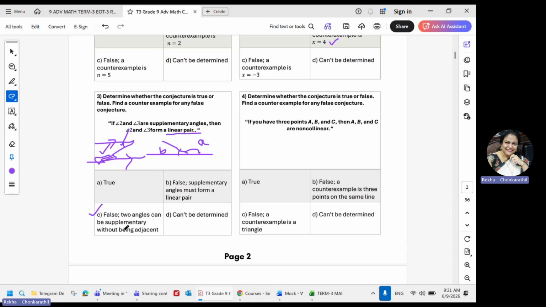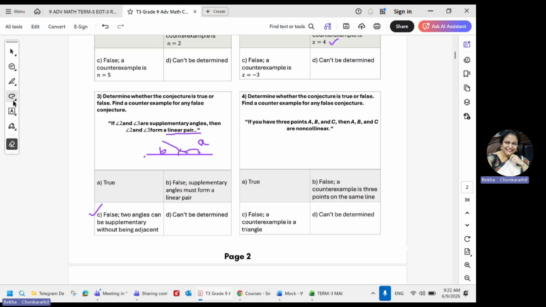Two angles can be supplementary without being adjacent. Okay. I'll draw a proper figure to make you understand better about consecutive interior angles. When two lines are parallel, consecutive interior angles are supplementary and are not linear paired.